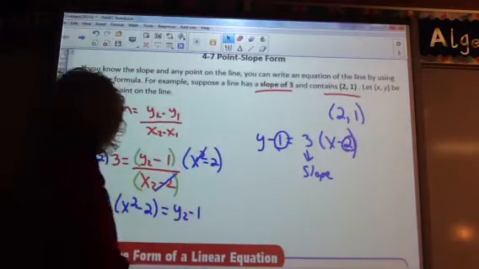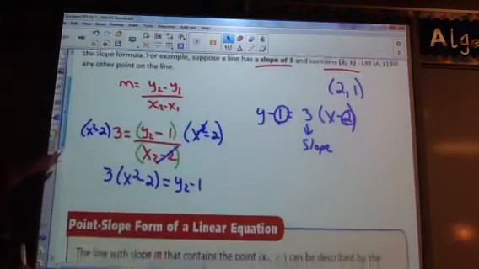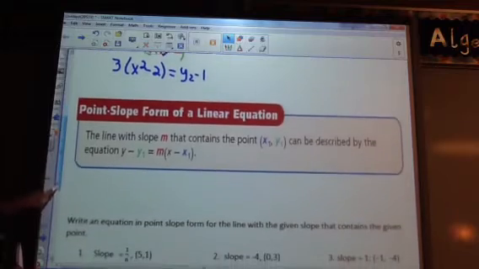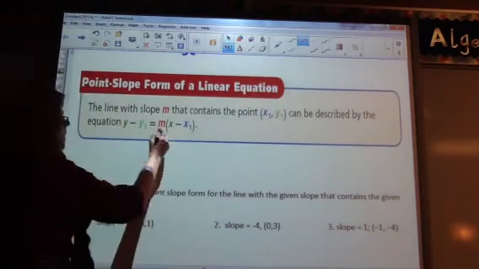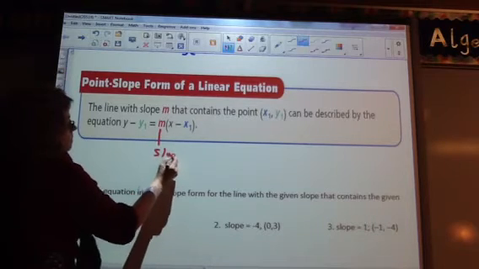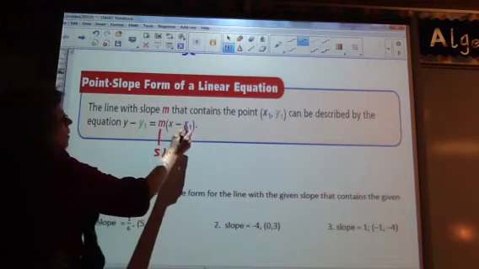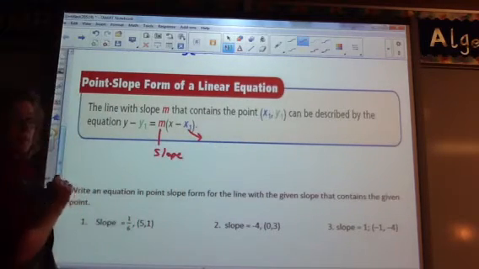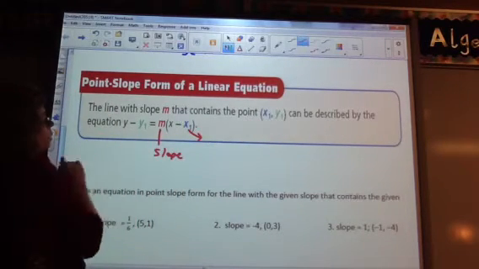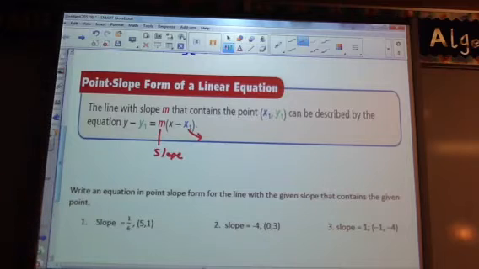So what I just did is I showed you how we get the point slope formula. Our point slope formula is our slope, and this represents the x of the point, the x coordinate of the first point, and this y1 represents the y value of that first point.